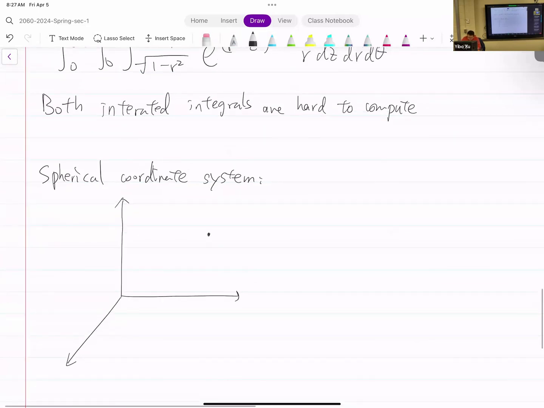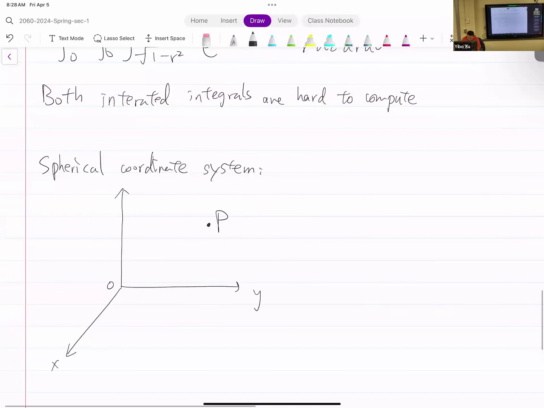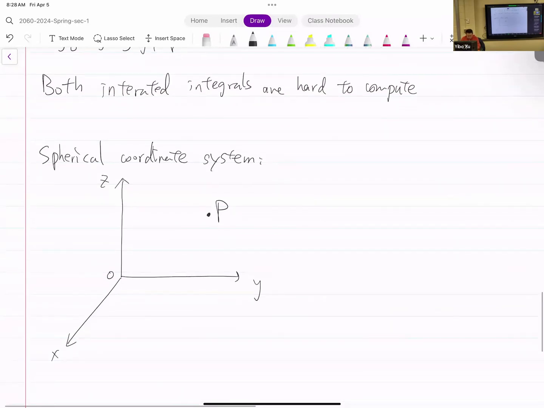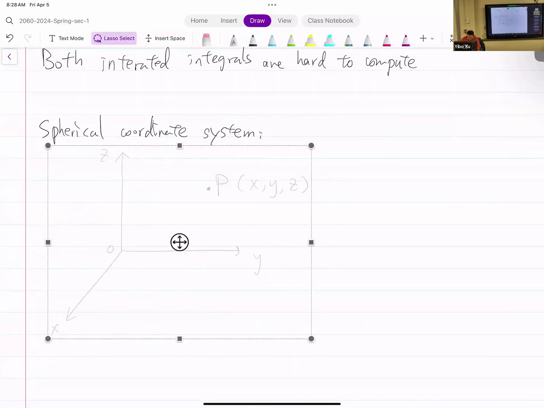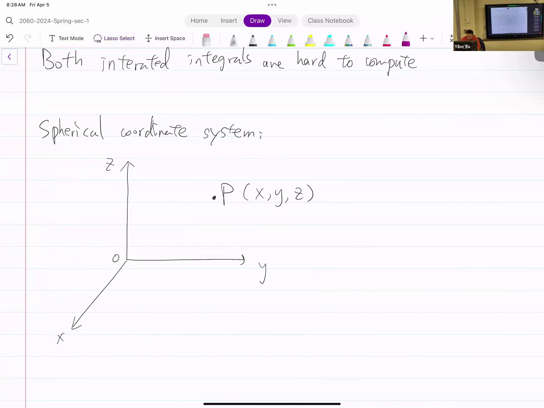Let's say this is the point P in three-dimensional space. Let's also write down the x, y, z axes first. Let's say the coordinates are x, y, and z in the rectangular coordinates. Now we want to identify the distance from the origin to the point, which we will call rho.